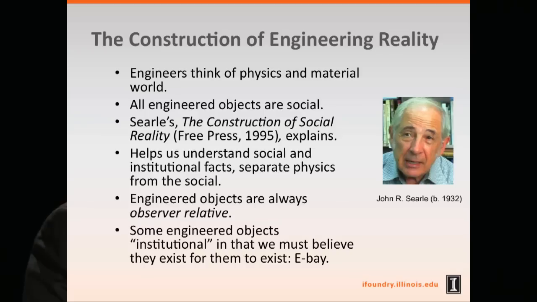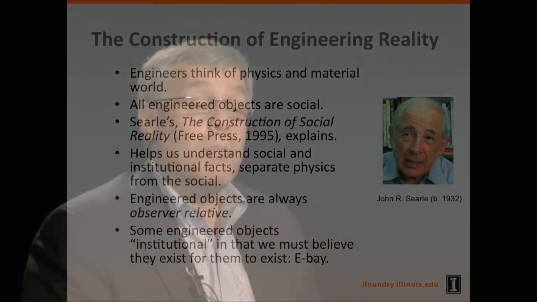Another point to keep in mind is that as we move into a world of the web, more and more engineered objects are institutional, using Searle's term, in a sense that we all must believe them, or some subset of people must believe that the object functions in the way that it does. So for example, an example of that is money. Money is money because we believe it is money. eBay is eBay because we believe it is an auction.